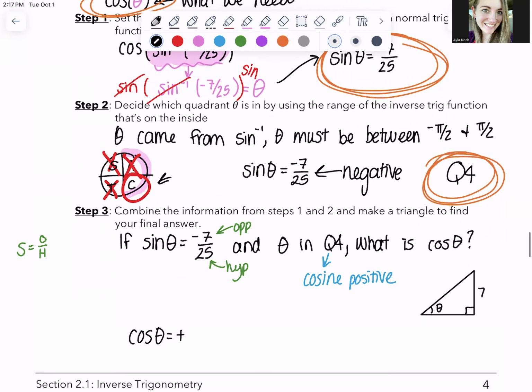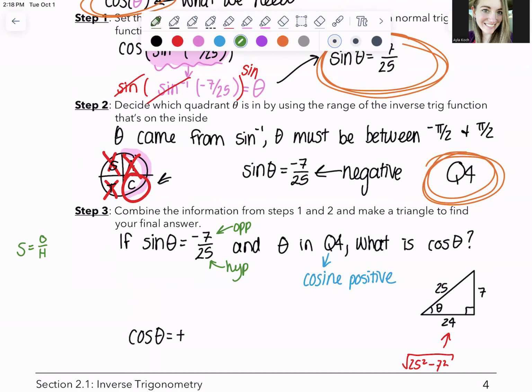So the opposite side is 7. The hypotenuse is 25. And if you do the math down here on this missing side, it comes out to 24. That's by doing the square root of 25 squared minus 7 squared. It gives you 24.